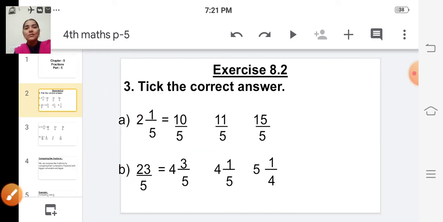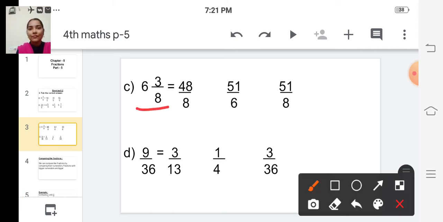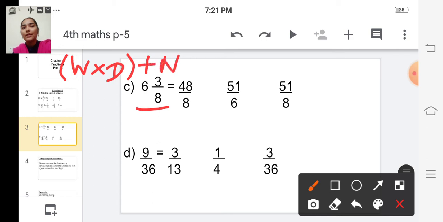Yes. So the next one, C. Here they have given a mixed fraction and we have to convert it to an improper fraction, isn't it? What is the formula? Whole number into denominator plus numerator divided by denominator. What is the whole number here? 6.